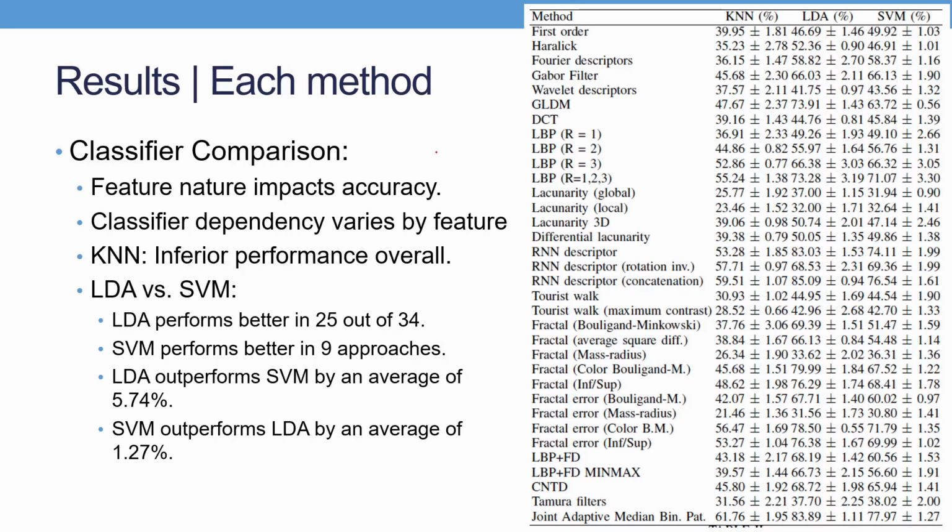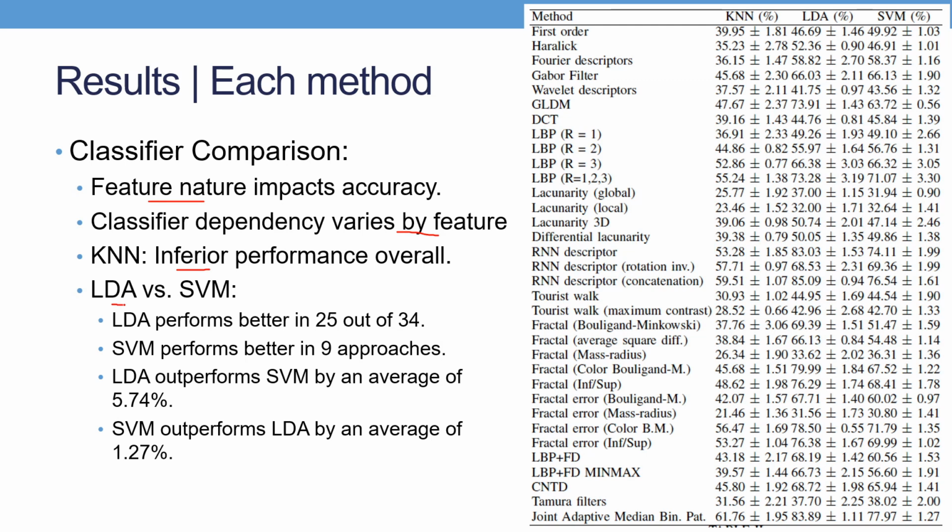A comparison. If you look at the classifiers, the feature nature impacts the accuracy. We see that they select the best methods differently. It varies by feature. KNN has inferior performance overall for all texture methods.